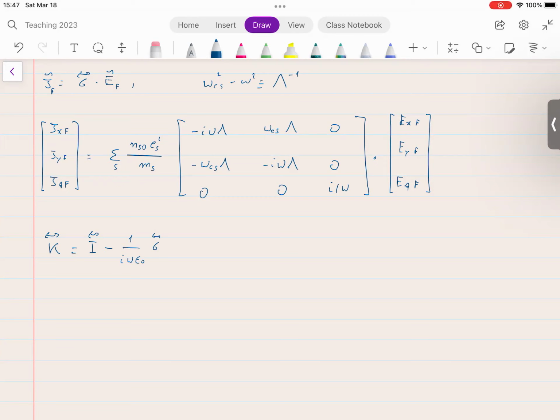Okay. And you will remember that this is the dielectric tensor, hopefully. Well, let me just remind you. So let me write it down explicitly. Dielectric tensor.